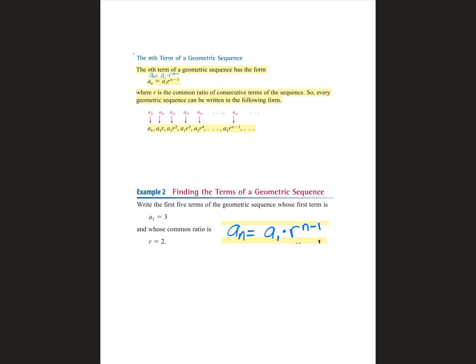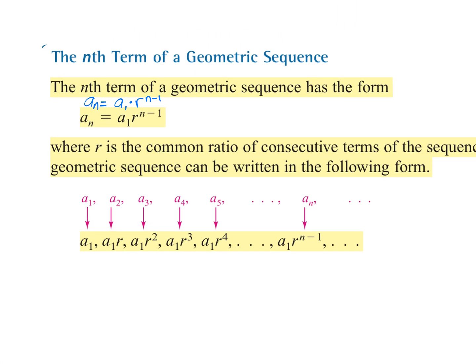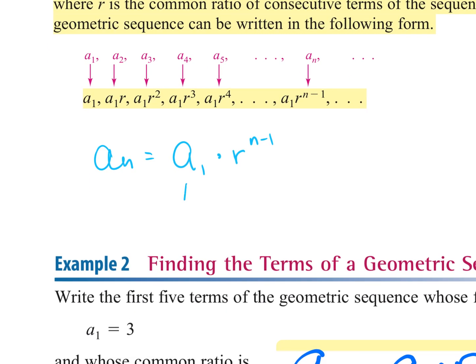All right, next we're going to look at our geometric sequence formula. That is a sub n is equal to a sub 1 times r to the power of n minus 1. So a sub n is the term that we're looking for. What's a sub 1? The first term. What is r?